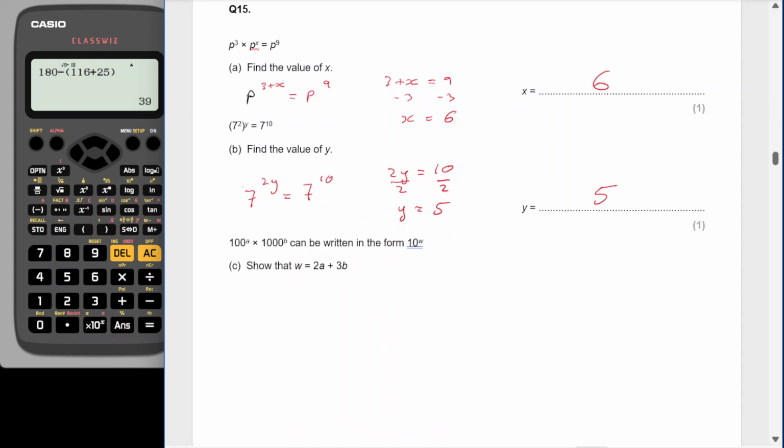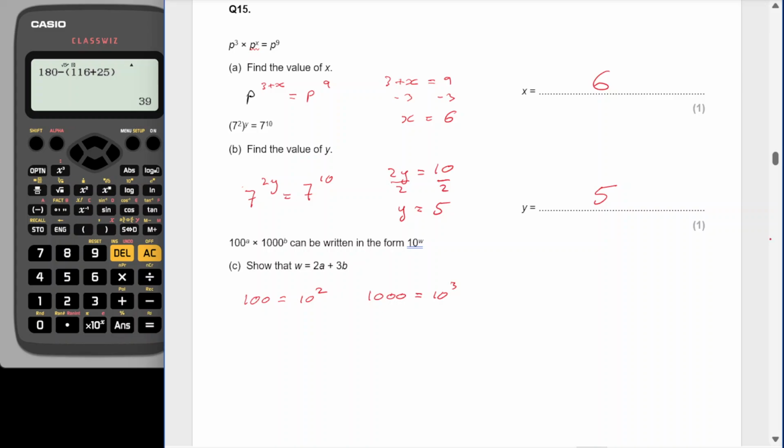And then my last one, 100 to the power a times by 1000 to the power b can be written in the form 10 to the power w. Show that. So I'm going to say that 100 is equal to 10 to the power 2, and 1000 is equal to 10 to the power 3.